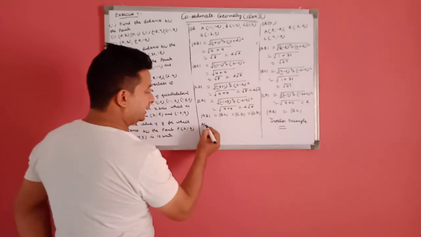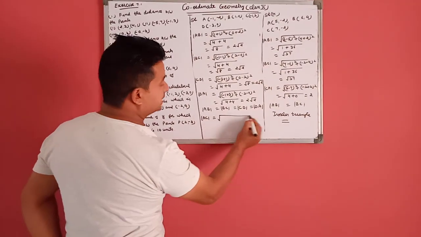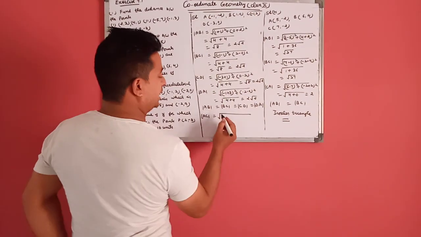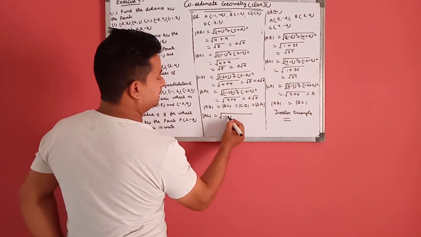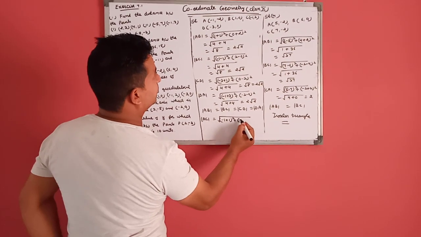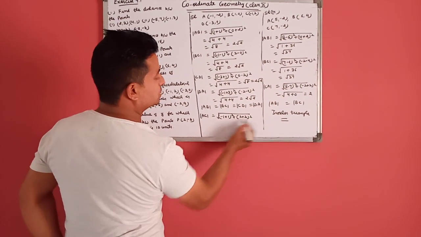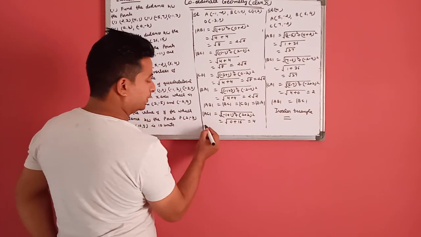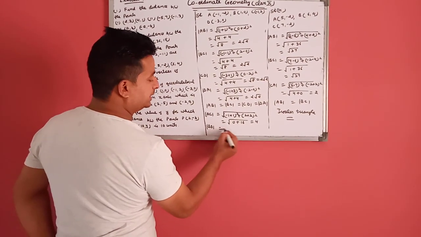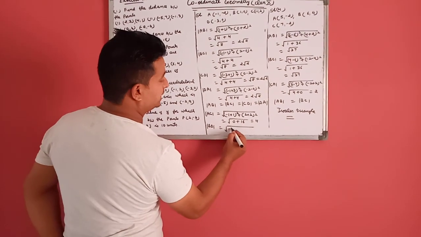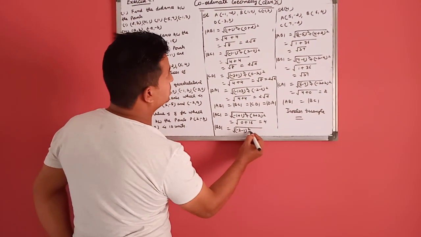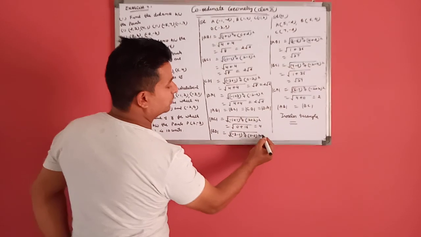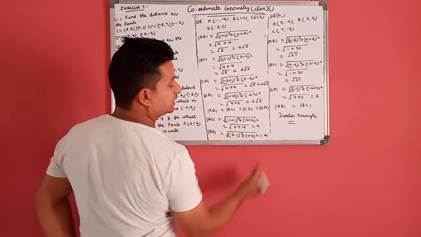In this we also find the diagonal AC. AC: x2 is minus 1, this is minus plus 1, this is 2 plus 2 whole square. This means 0 plus 16, equal to 4. And BD is minus 3 minus 1 whole square, 0 minus 0, 4 whole square 16, this becomes 4.